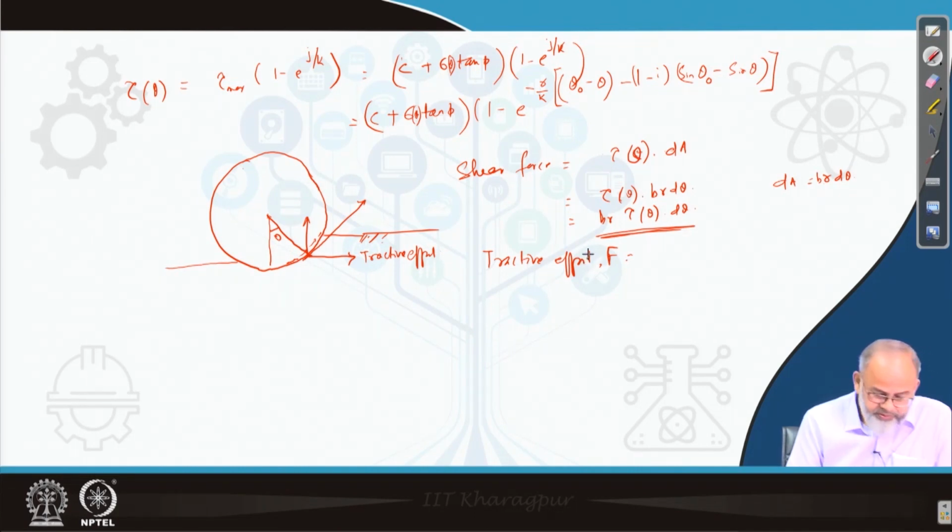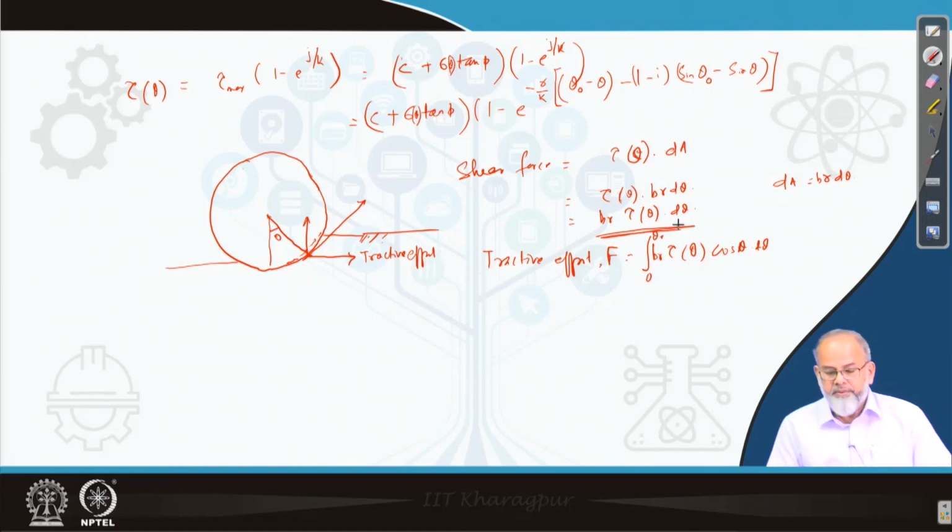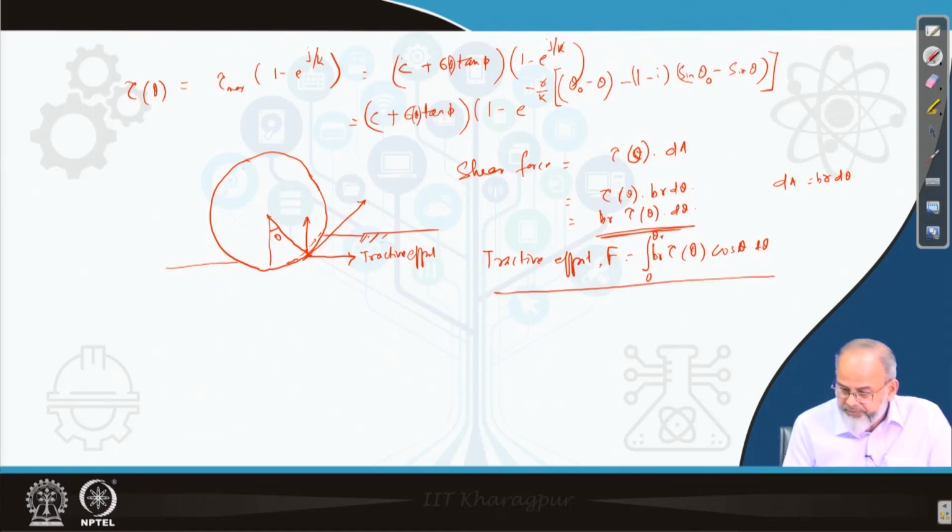So, B R tau theta into cos theta d theta. This has to be integrated from 0 to theta e. So, this becomes the tractive effort.